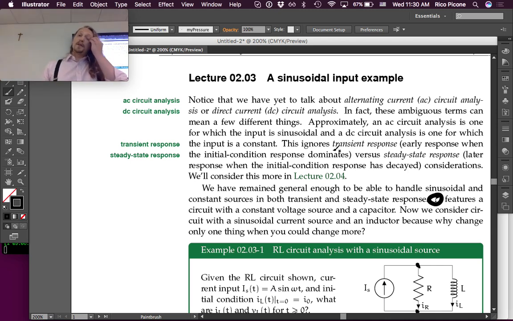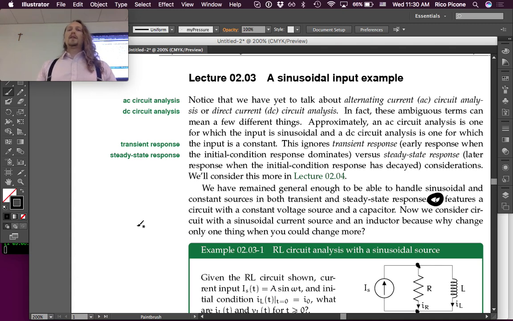This ignores transient response, which is early response when the initial condition response dominates, versus the steady state response, later response when the initial condition response has decayed. So the transient response considerations we're ignoring in this little definition of AC versus DC circuit analysis.